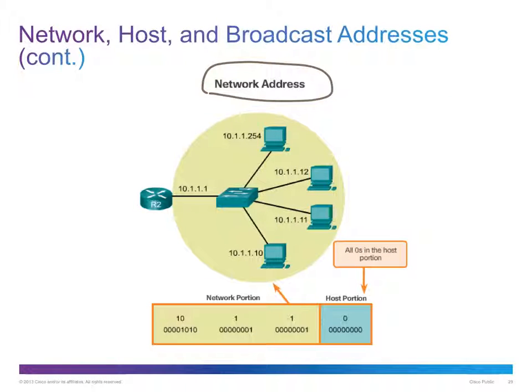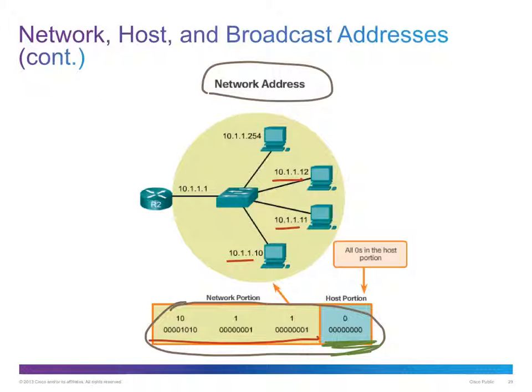Network address. So here we can see, talked about this earlier, here's the network address. Again, the host part is 0. Here's the network address, and that part then would be the same for all the devices on that network.